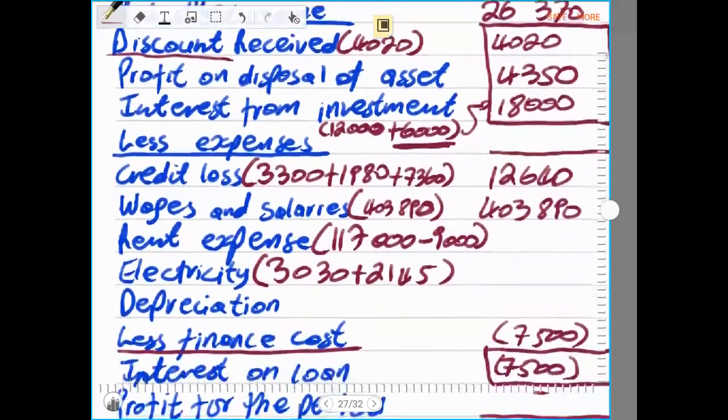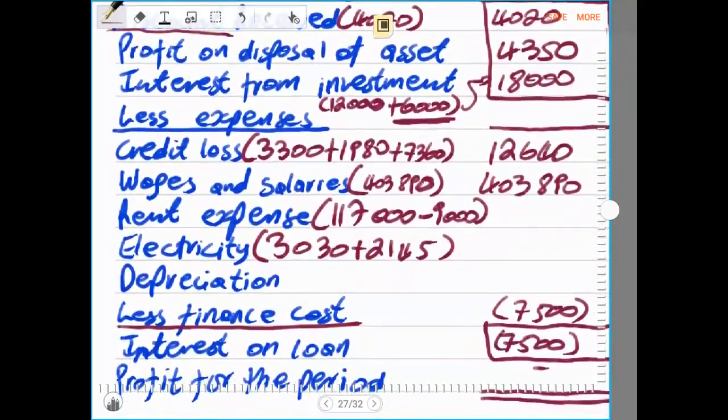Then we will have our rent expense that amounted to 108,000 rands in total. And our electricity will amount to a sum of 5,175.